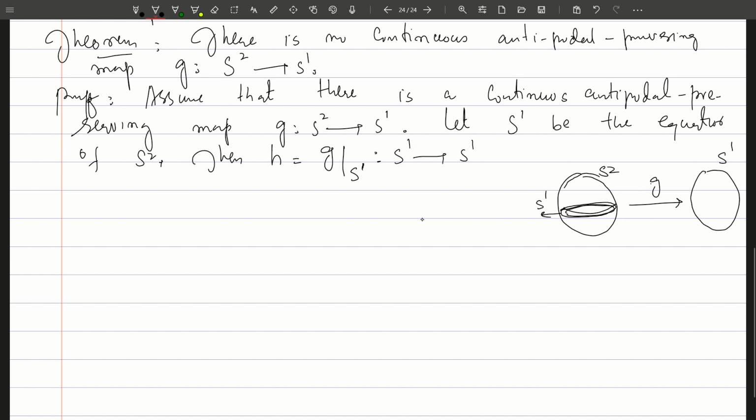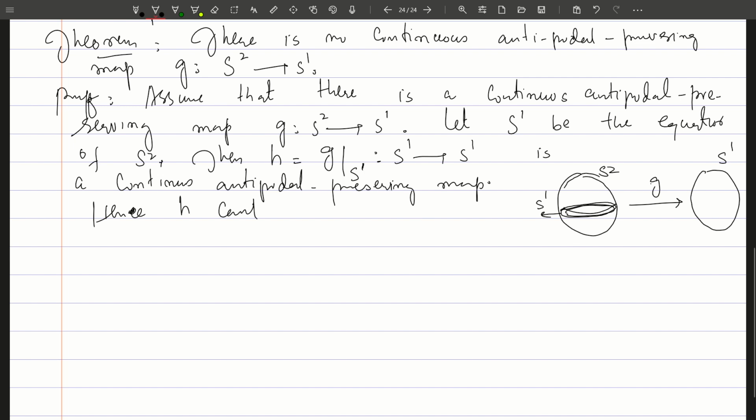This is a continuous antipodal preserving map. So that means H cannot be null homotopic.